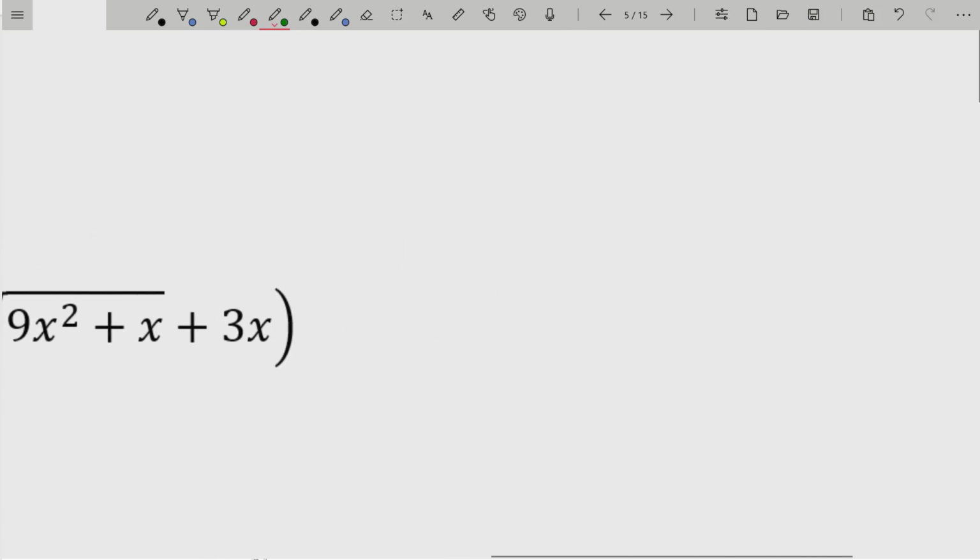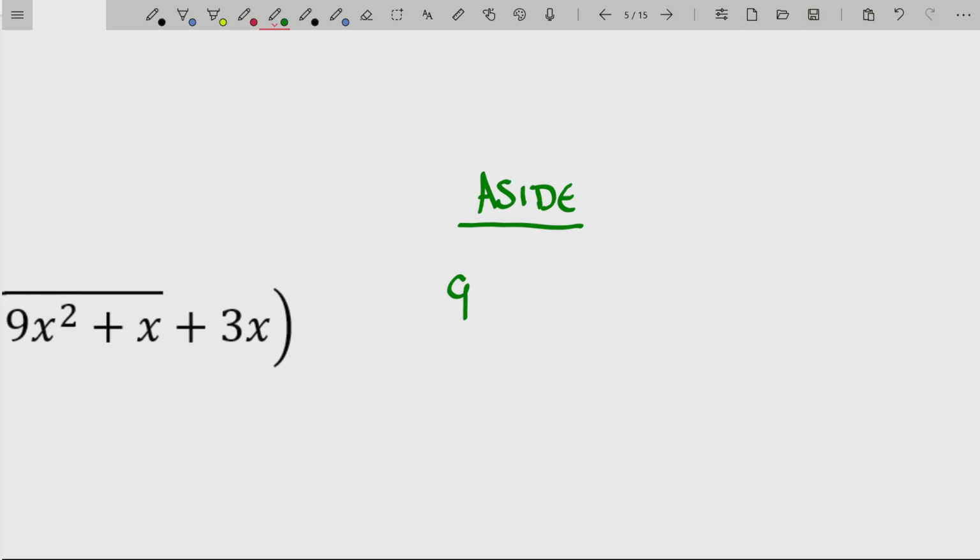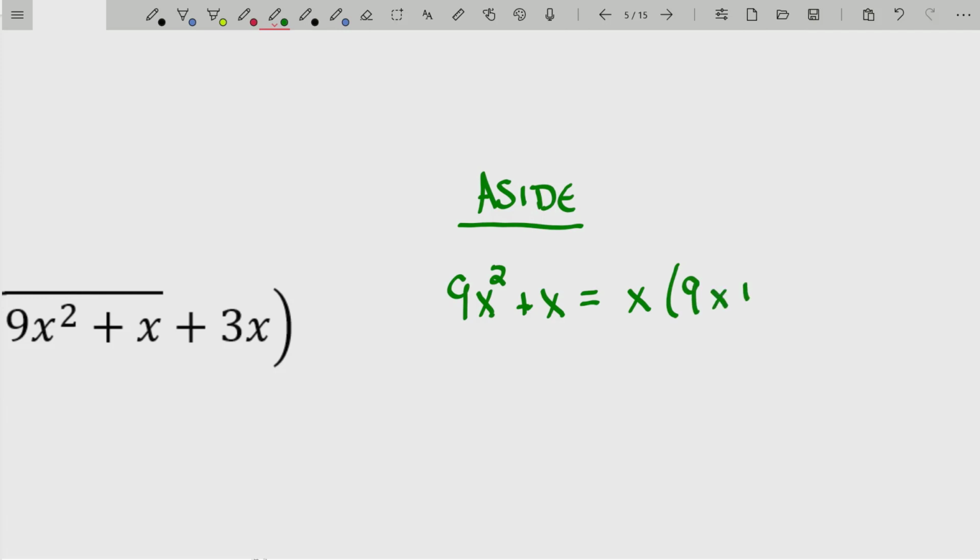So, just as an aside, I'll write it here, aside. I should have used blue for some reason, that just bothers me. 9x squared plus x is the same thing as x times 9x plus 1. I sure hope you agree with that. That's just algebra.